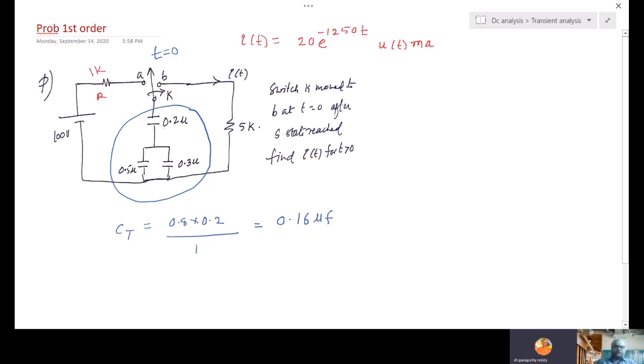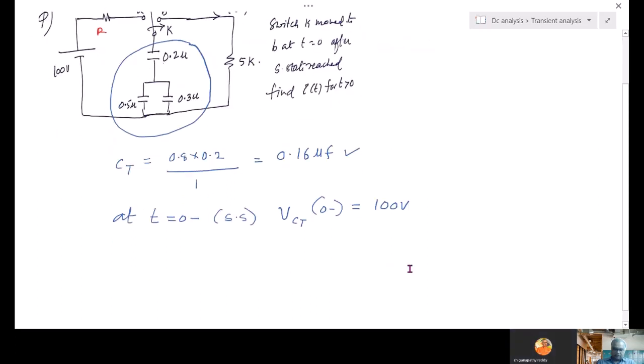Then it is connected to A until it reaches steady state. So this total equivalent capacitor is charged to 100 volts. So at t equal to 0 minus, that is steady state. What is the voltage in C equivalent? At this time it is 100 volts.